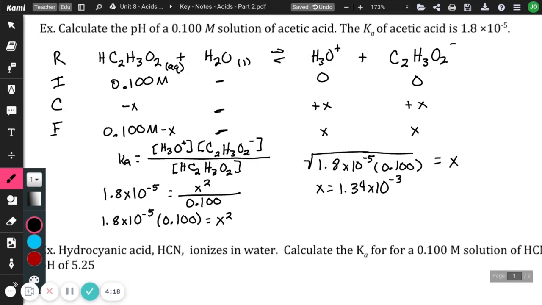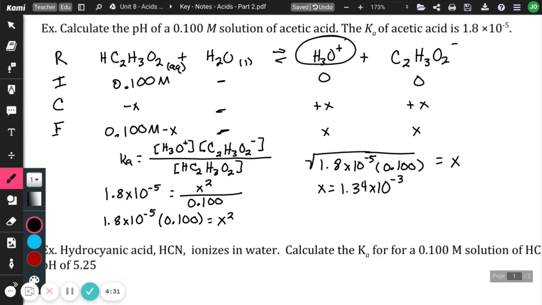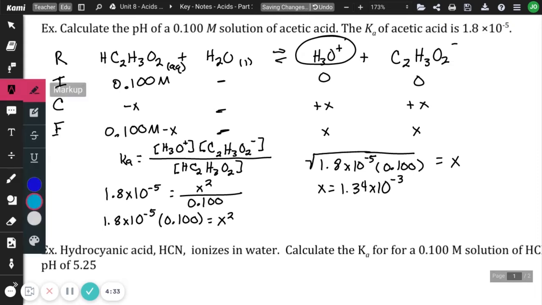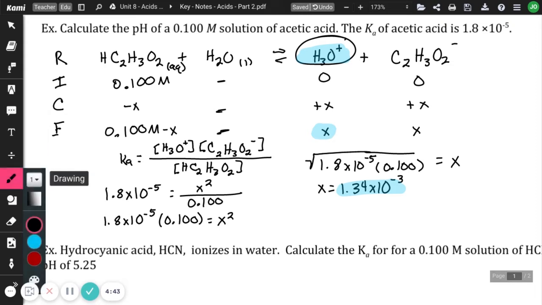Now, that is not it, because it doesn't ask me for my x value. It asks me for the pH. So basically, I know that this x value is the concentration of my hydronium here. Let me highlight that for you. My x value is my concentration of hydronium, right? Because we've got a final of x there.